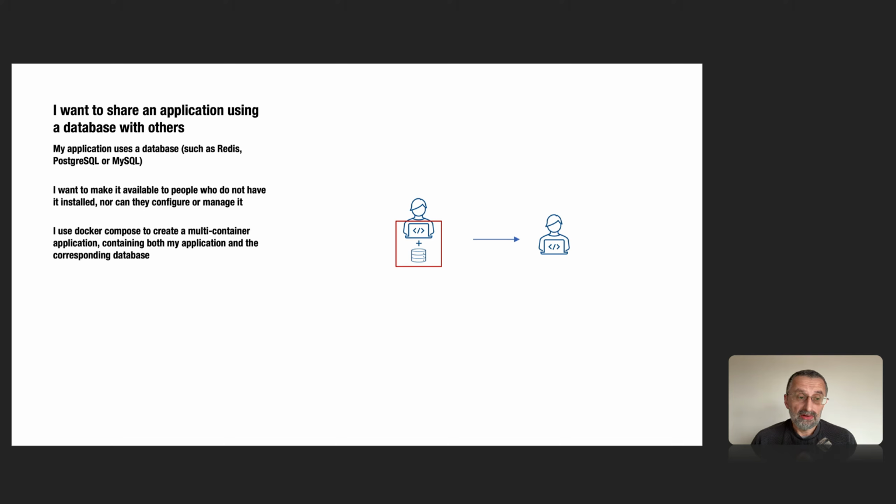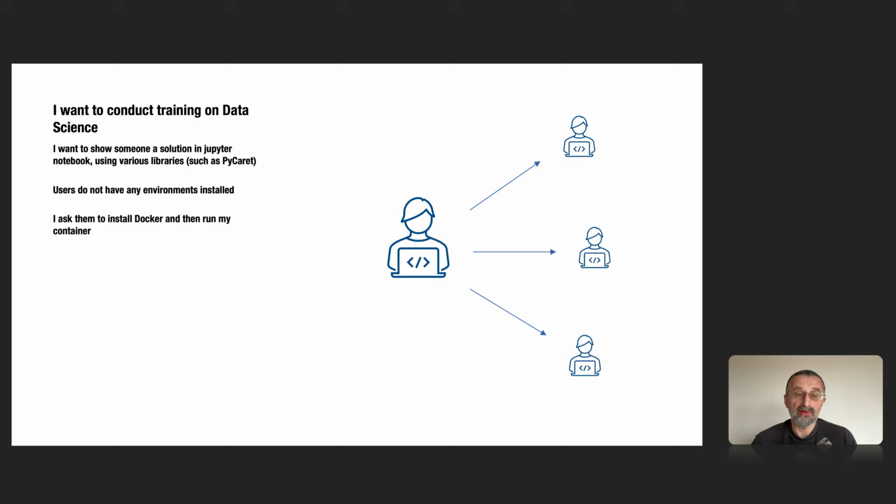So you can use Docker Compose to create a multi-container application containing both the app and the corresponding database. So there is no problem on your colleague's side to install and run it. So once again, the app combined with the running database is a multi-container app in a single app with multiple containers.